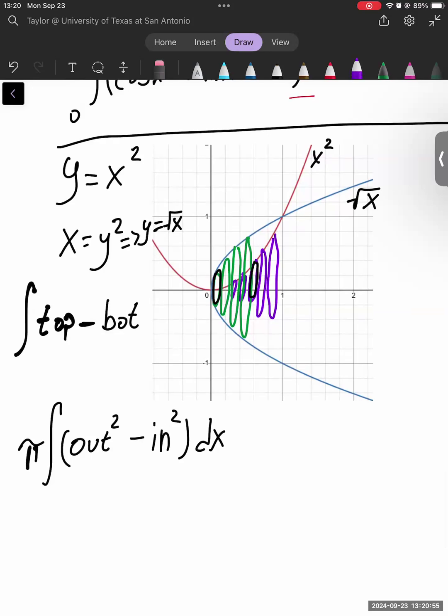Drawing a vertical line, I'll use pink. What do we get for this?